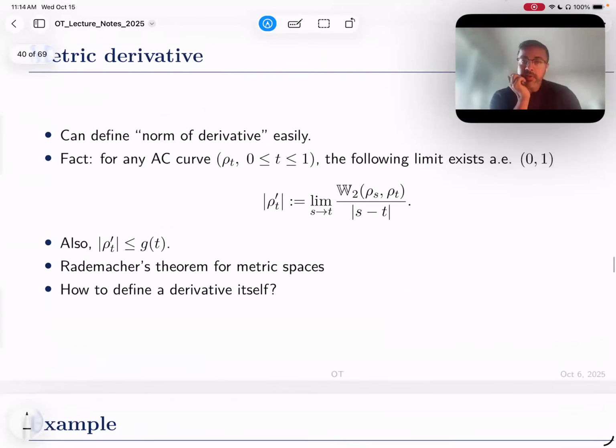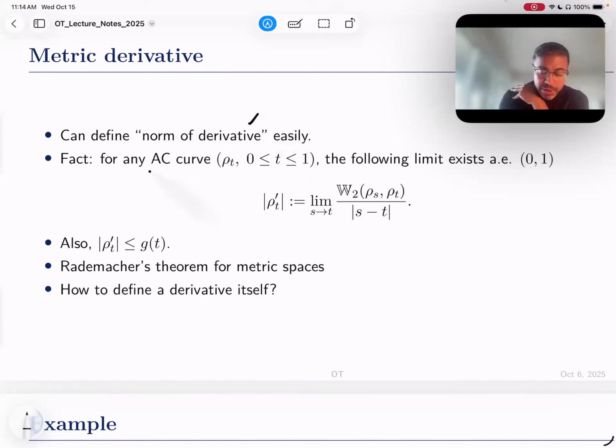So from abstract metric space theory, we can't get a notion of derivatives because general metric spaces don't allow derivatives of curves. But there is always a notion of what is called the norm of the derivative, and this is always very useful. So we may not be able to define derivatives easily, but we can actually define norms of derivatives very easily.